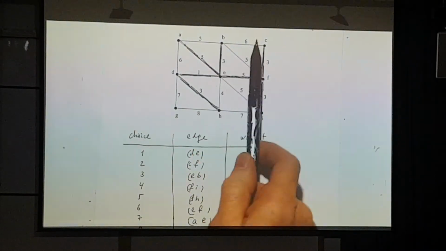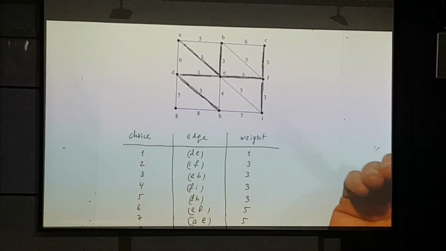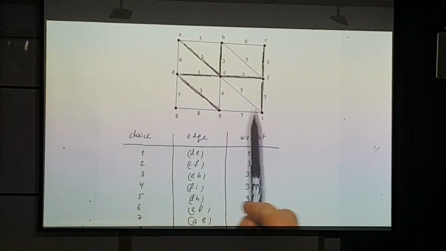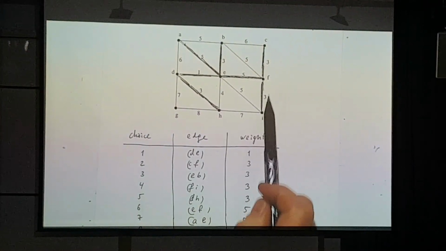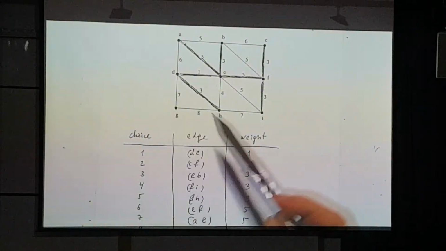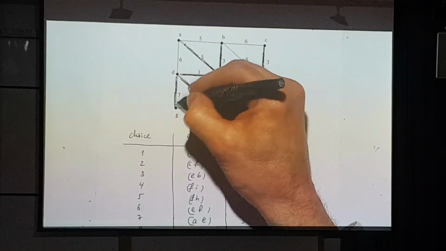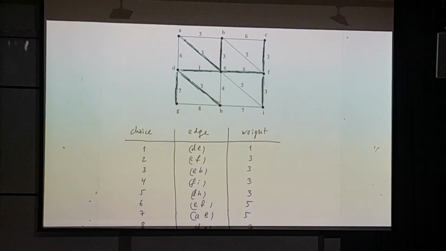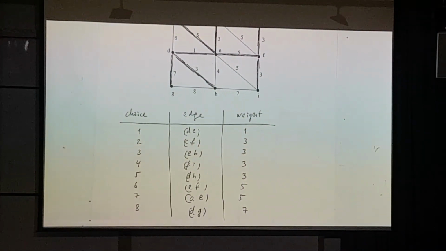Nothing of weight 6 can be added either. So 7 is our next best option, but HI with weight 7 cannot be added, as that will form a simple circuit. So we go for DG of weight 7, and that completes our spanning tree.